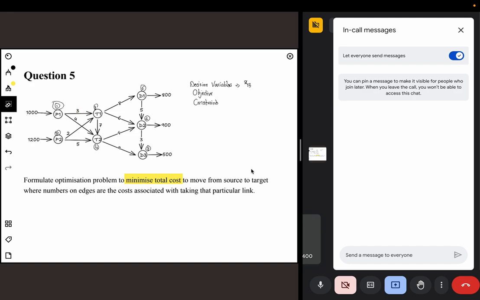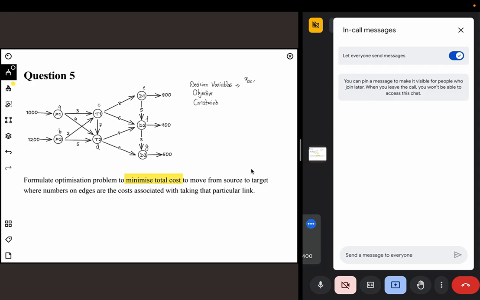Okay, maybe you're confusing the nodes and cost. Maybe I'll put ABCD for nodes. That will be easy. Say A, B, C, D, E, F, G. So my first variable will be XAC. From A to C, it will be 1 if I take that route. If I do not take that route, that will be 0.